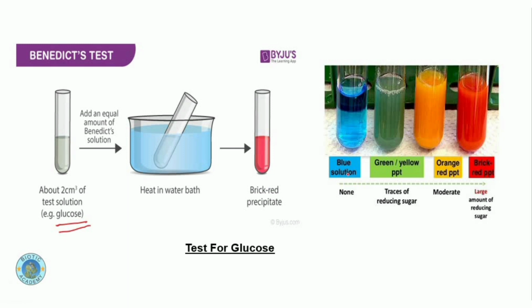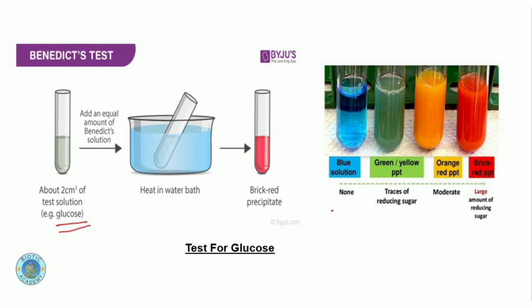So blue color shows the absence of glucose. Now if it appears green or yellow precipitate, greenish yellow, then that shows that it contains traces, a very little amount of reducing sugar. If it appears orange, that means it contains a moderate amount of glucose, and brick red color shows that it contains a large amount of reducing sugar.